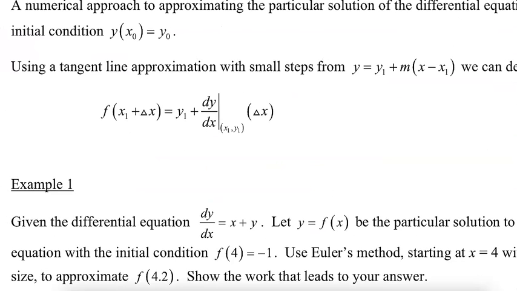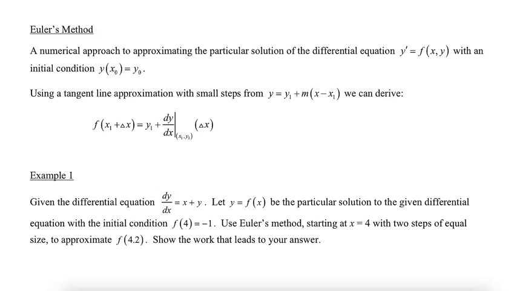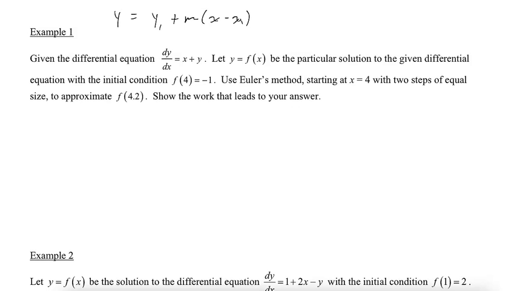So looking at our equation, I just have delta x, we'll see why in a second. And my slope is going to be based on the slope of the point that I'm coming from. This is Euler's method. Again, like I said, really all you need is y1 plus m times (x minus x1). And then using that, we can come up with our solutions.